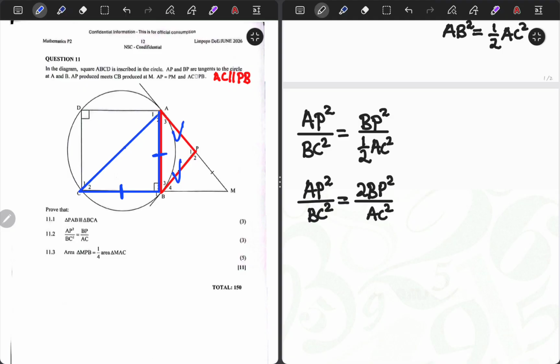Alright, so now let me work with this triangle, the red one.